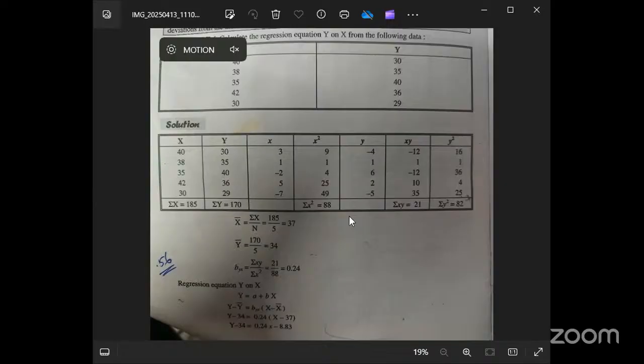Second value 35. 35 minus 34, we get 1. Third value 40 minus 34, 6. 36 minus 34 is plus 2. Then 29 minus 34, we get minus 5.